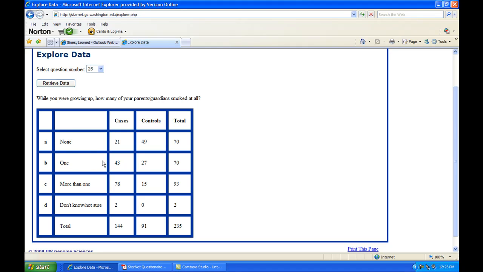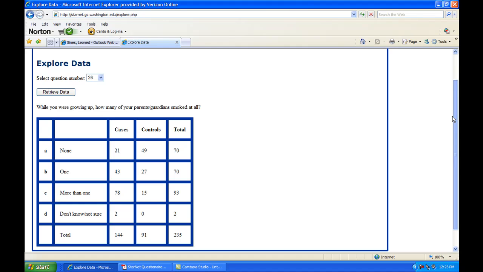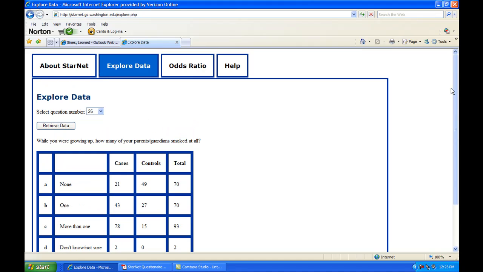And then you can figure out what the rest of this information in the table means. Once you have this information in front of you, you can then go on to see if there's any reason to believe that your hypothesis is supported. Here's how you do that.